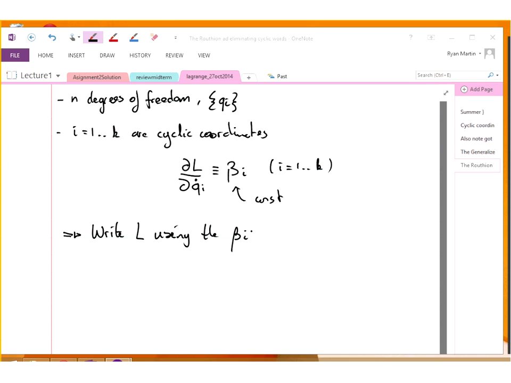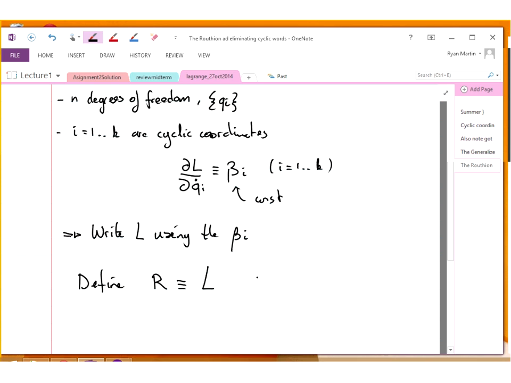And then we introduce the Routhian R as the Lagrangian minus the sum from i equals 1 to k, so the sum over only the cyclic coordinates, of beta_i times q_i dot.